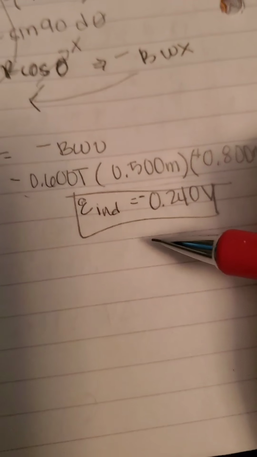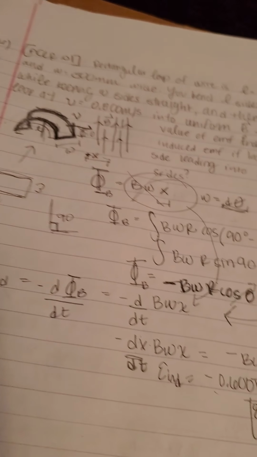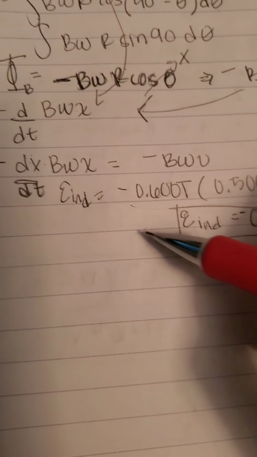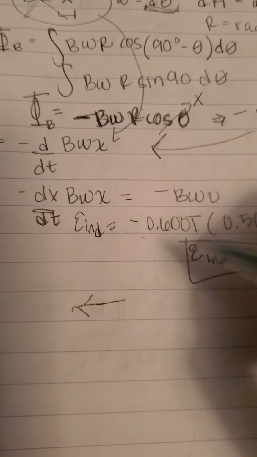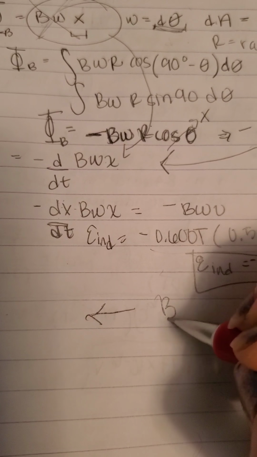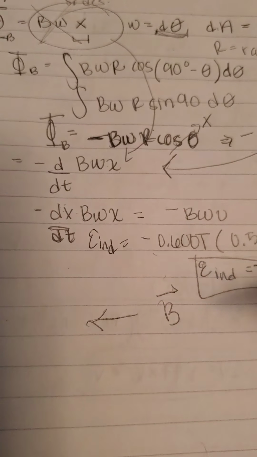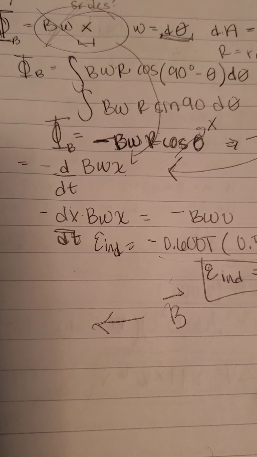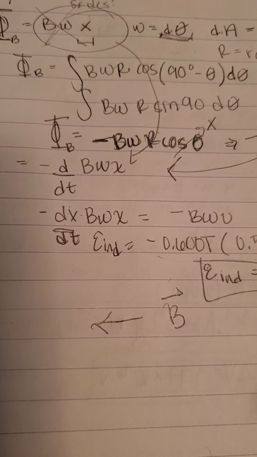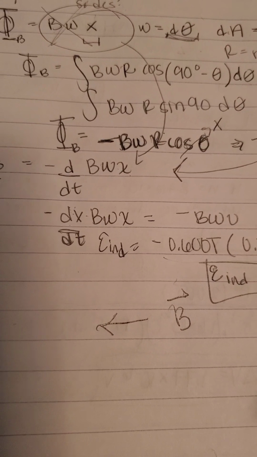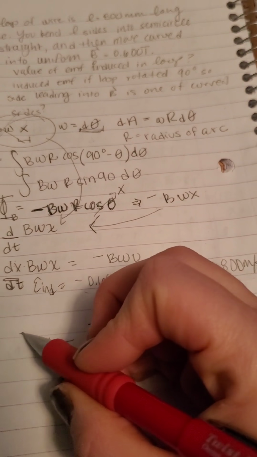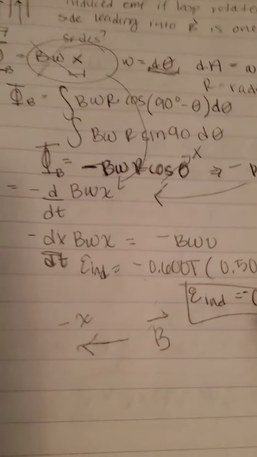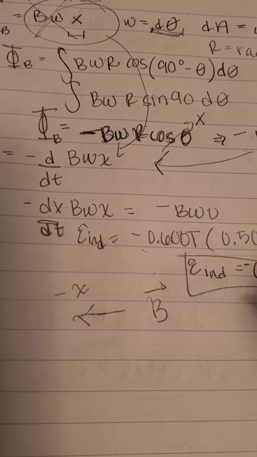So if this is negative volts, then that means that the induced EMF is going in the opposite direction of the magnetic field. And so that means the direction is the negative x direction that it's going.